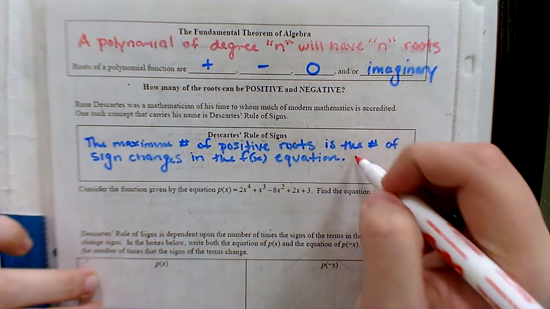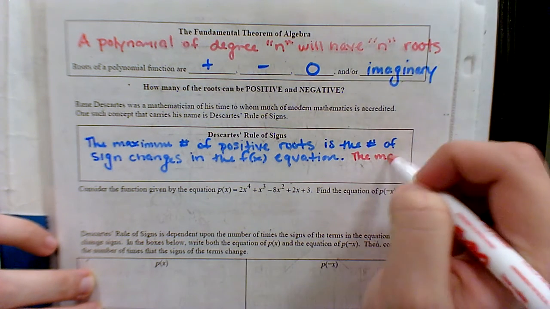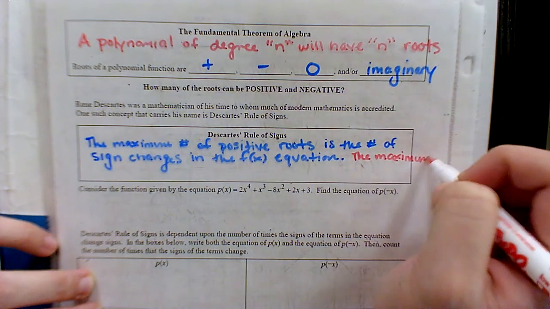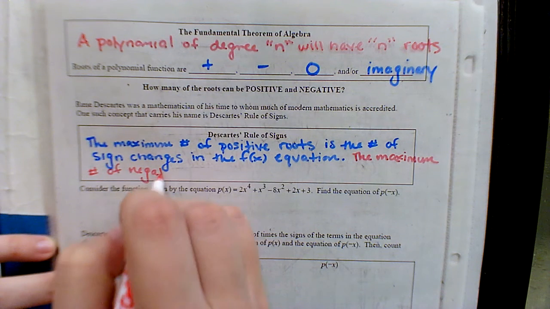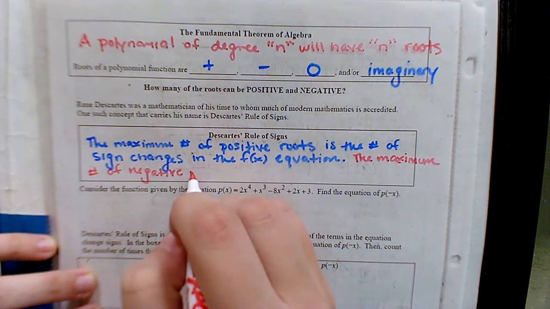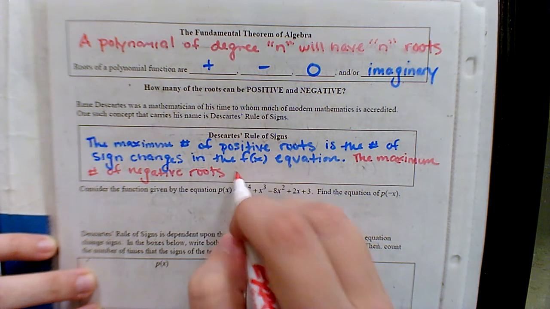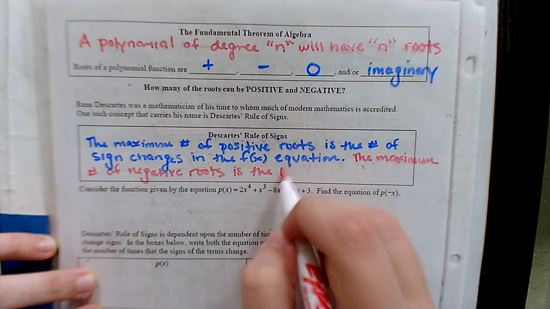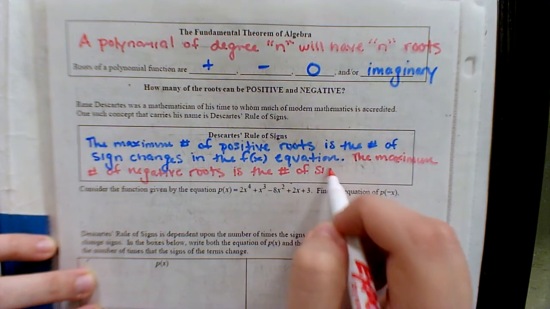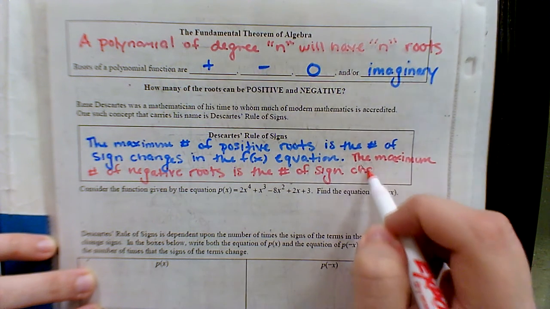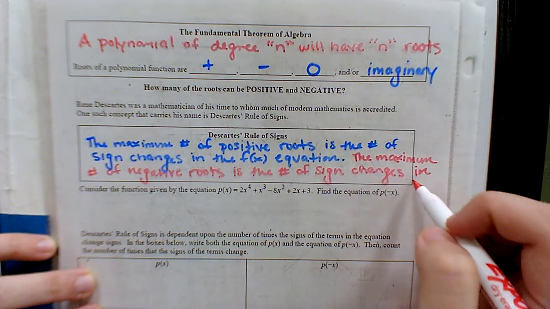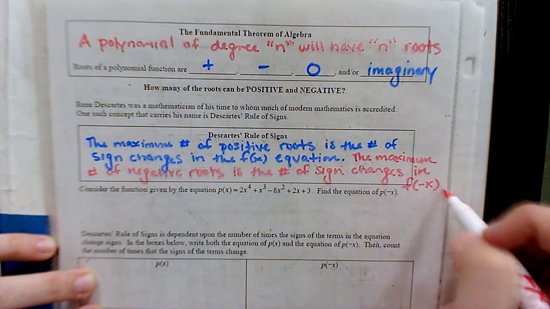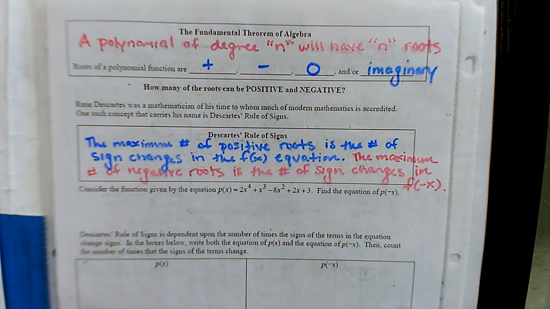Very similarly, he noticed that the maximum number of negative roots is the number of sign changes in the equation f of negative x.